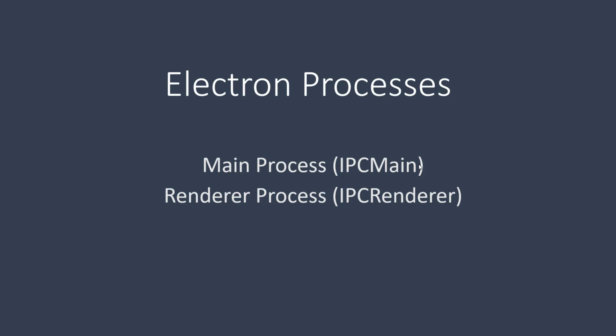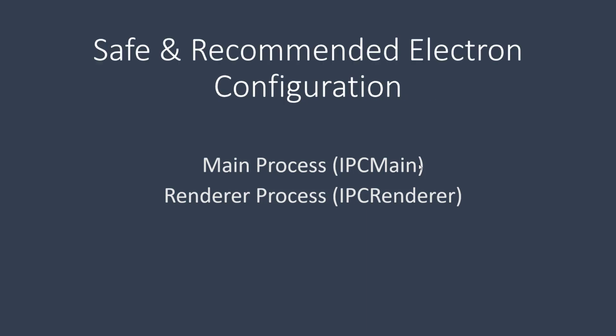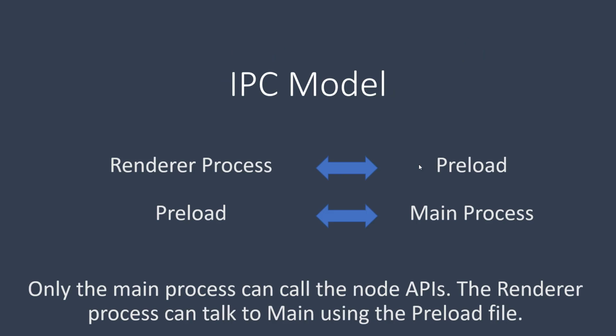Now the thing is, the new model of Electron says that you should not directly communicate between the main process and the renderer process, because you might end up calling things from the renderer process which might create a problem on the PC. It's all about security, about preventing your app from being hacked.